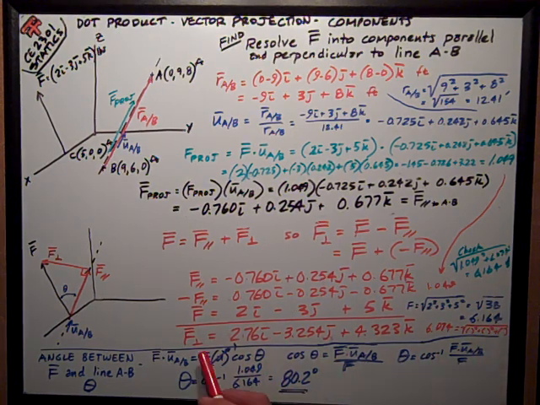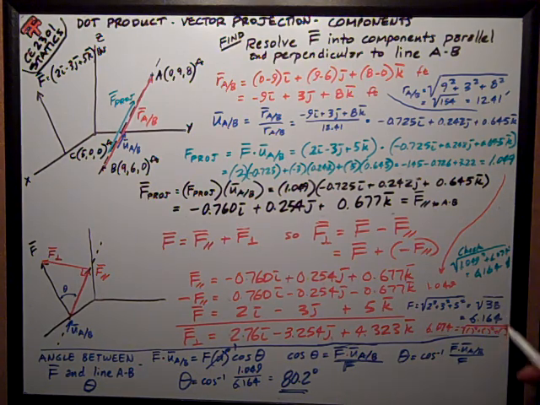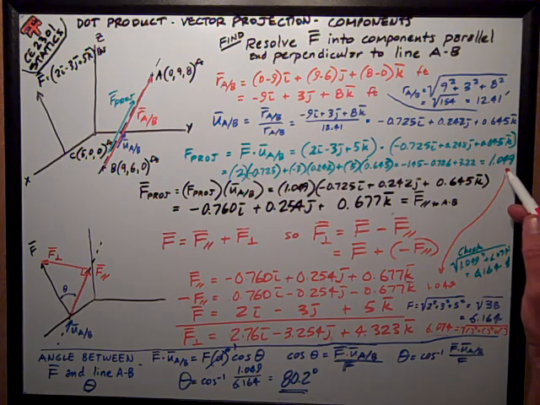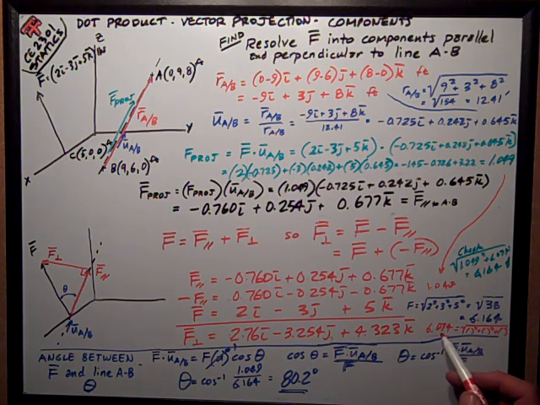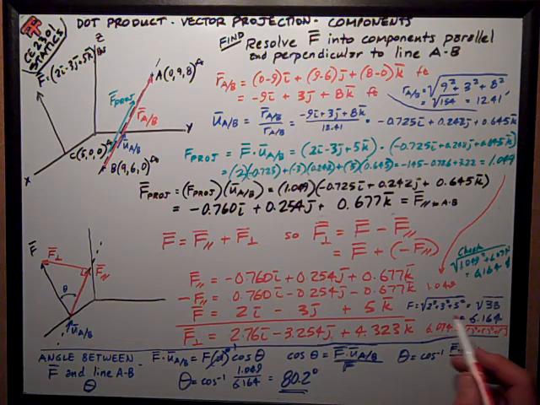And I can get the length of F perpendicular, the square root of the sum of these squares. So do all the math. The length of F perpendicular is 6.074. So I check that F parallel, which is 1.049 squared, plus F perpendicular, scalar magnitude 6.074 squared. Take the square root of that, 6.164, which checks out to be the scalar magnitude of vector F. So I feel good about my calculations.